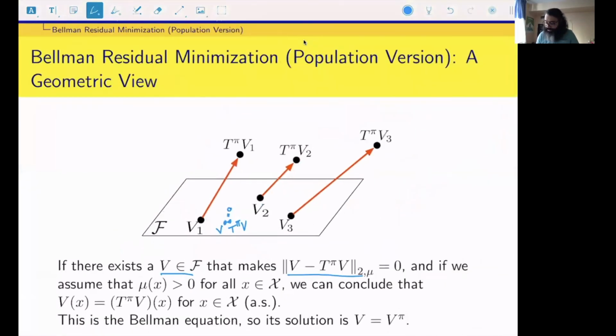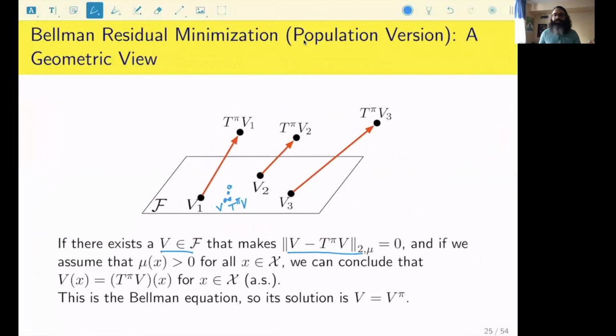If that's the case, and if we assume that the distribution is positive everywhere in all states, this distance is 0, so V minus T pi V for all states should be 0, which means that V of x is equal to T pi V of x for all states in that state space.